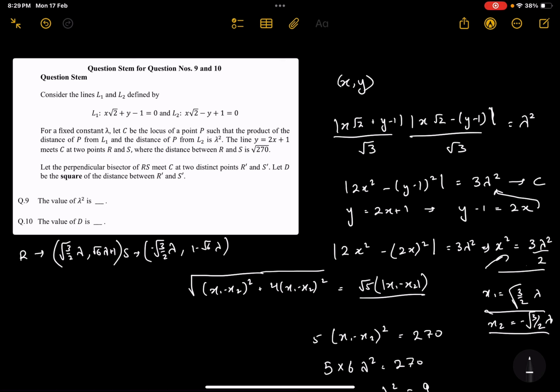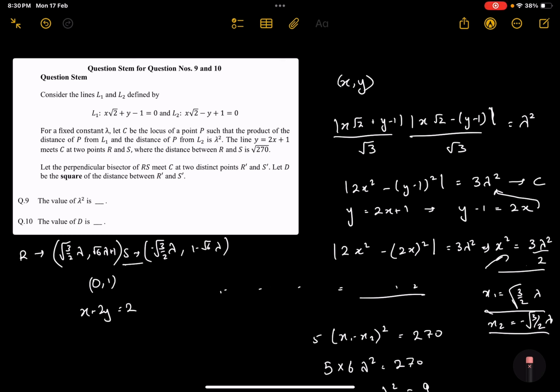Then the perpendicular bisector of RS would be passing through 0, 1, the midpoint of RS, and would be perpendicular to the line y equals 2x plus 1. So that would be x plus 2y equals 2. So we have the perpendicular bisector. Now we can get rid of all this.